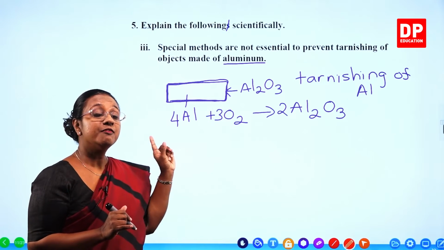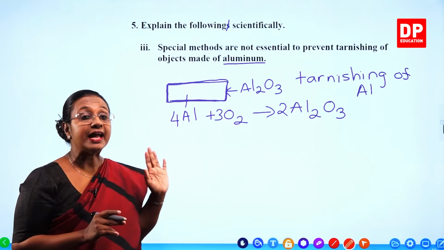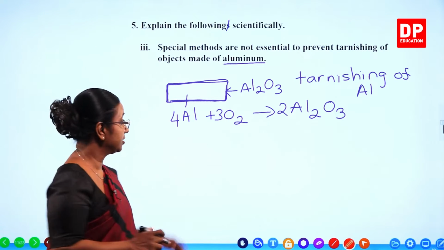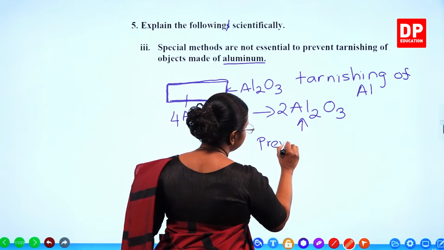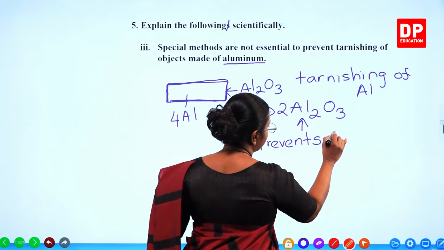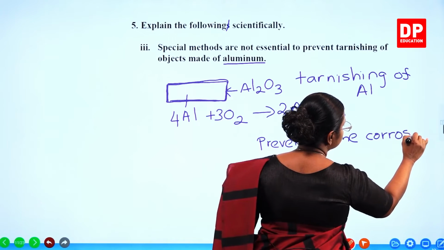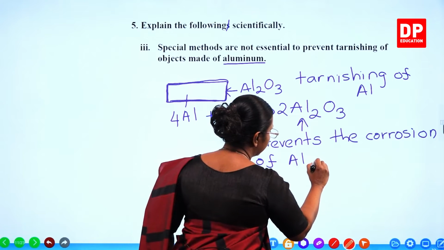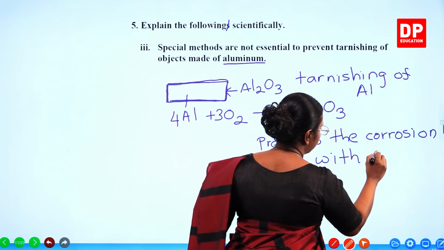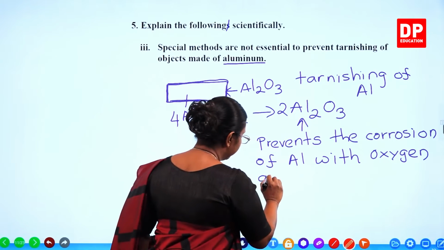That prevents further corrosion of aluminium with oxygen. That is what you have to remember, students. So this particular aluminium oxide prevents the corrosion of aluminium with oxygen any further.